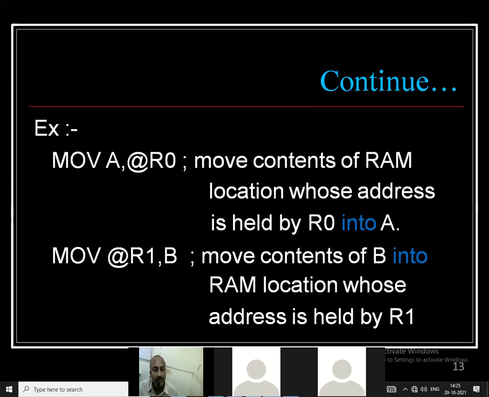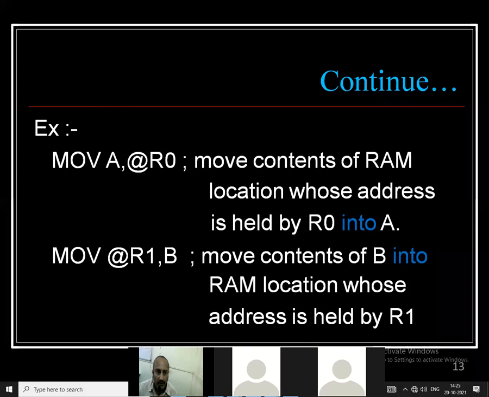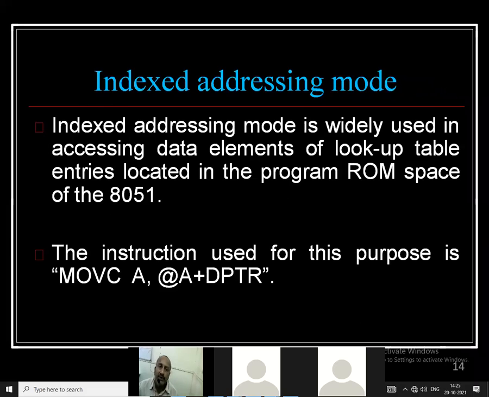So this is how the register indirect addressing mode works. Got it, all of you? These four modes we have seen. Next one, the last addressing mode, is the indexed addressing mode.